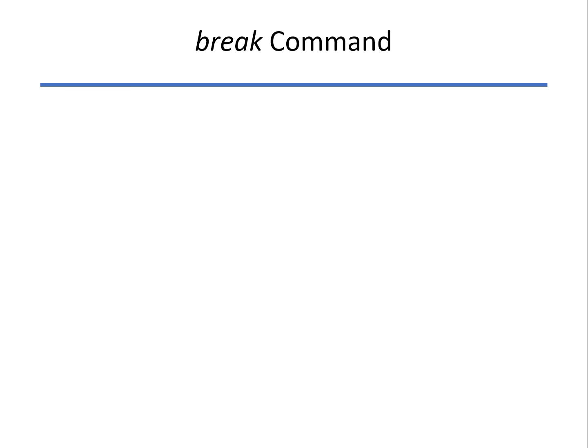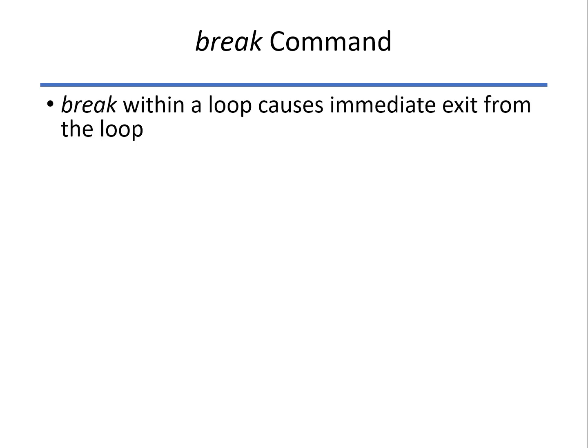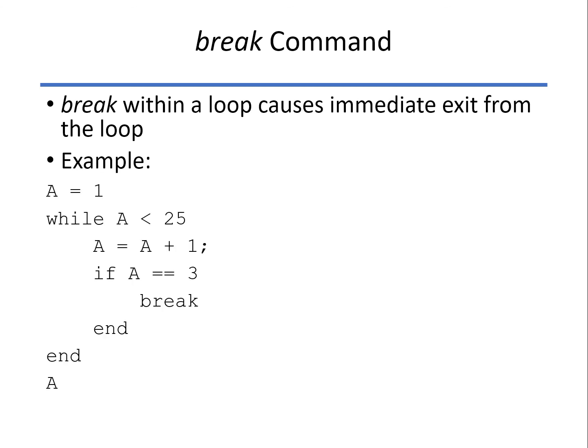One last thing to talk about, and that's the break command, and that will cause you to get out of the loop immediately. So we'll say that in this case we've got an example here with the break command inserted in an if statement. So if a is equal to 3, break. So what will happen is, as we start going through the loop, originally a will be 1.